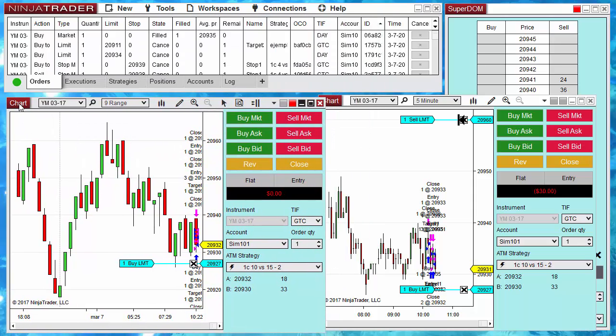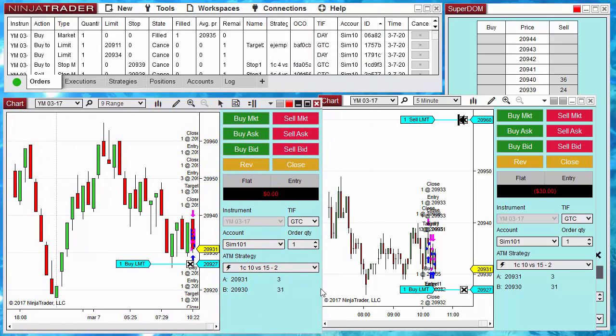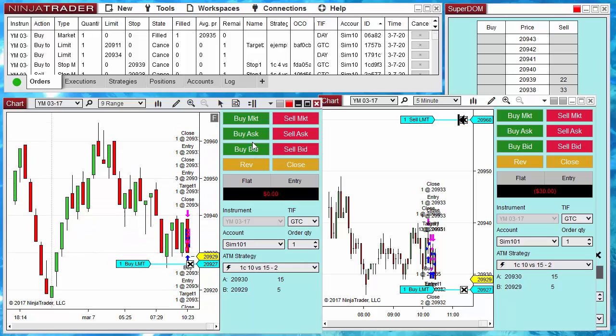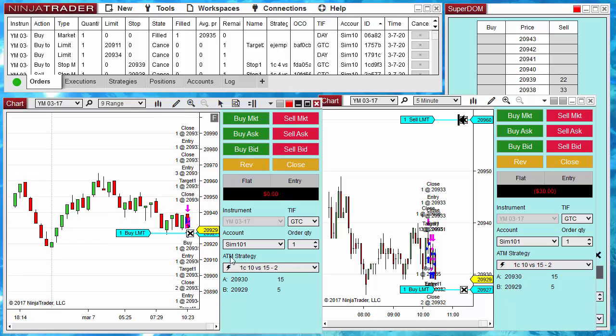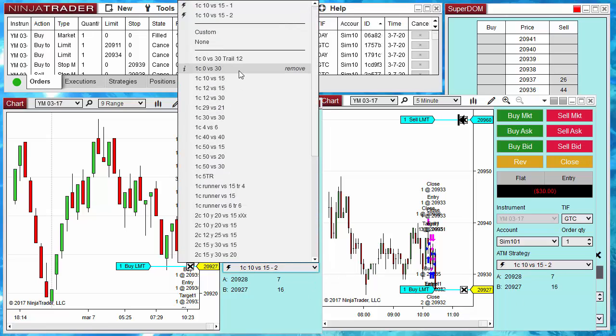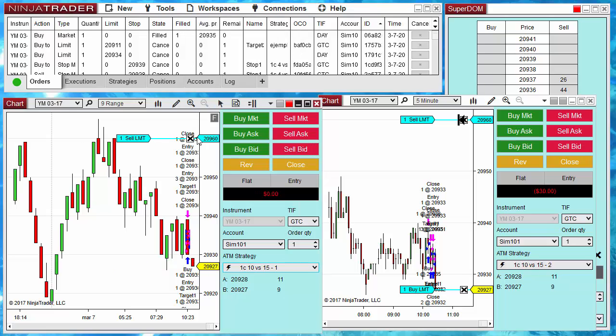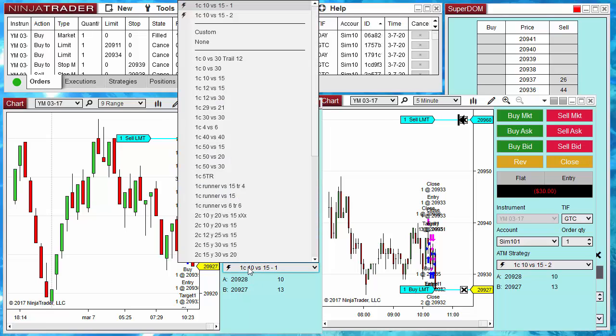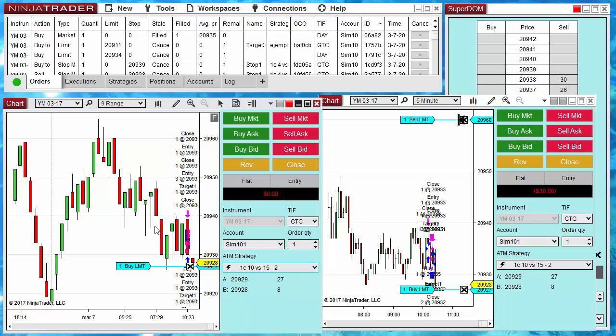So we only have visible the orders corresponding to the ATM selected. We can change that ATM. We have two ATMs working, one for the short and another for the long. So now we can do the same on the other chart and select the other trade.